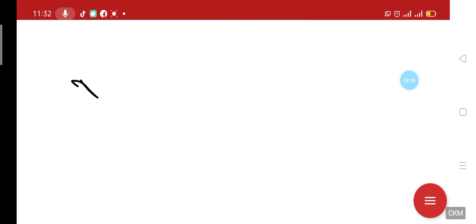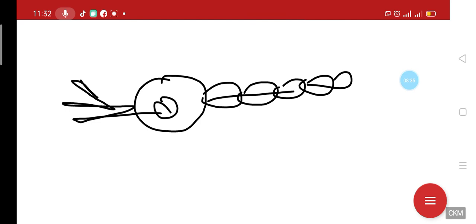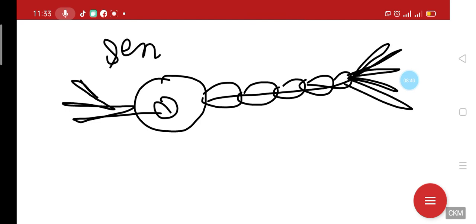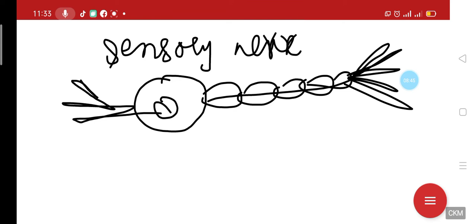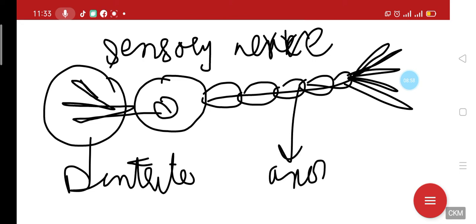So it has one dendrite and one axon. The sensory nerve, which carries the message from the sensory organ and sends it to the central nervous system, has only one dendrite and only one axon.